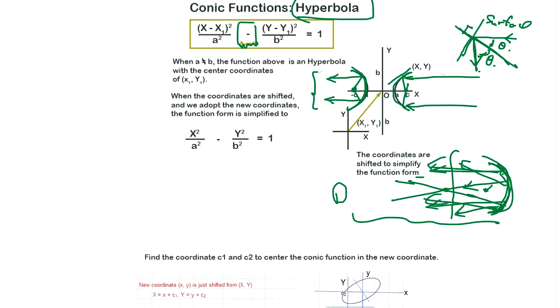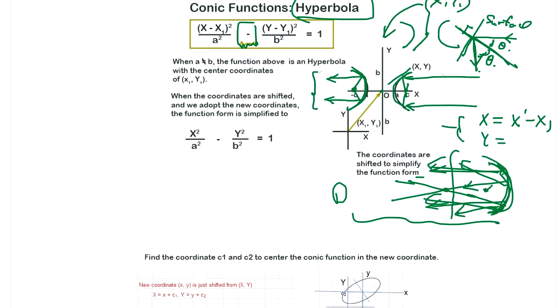Okay, and again you move the equation to the center. Say you have a hyperbola like that, and this center coordinate is x1, y1. You convert the coordinate using the x coordinate, the new coordinate is x prime minus x1, and so on. Then it becomes a simple equation like this.